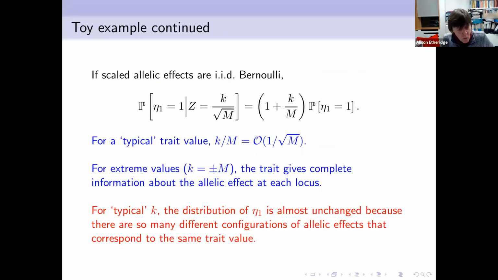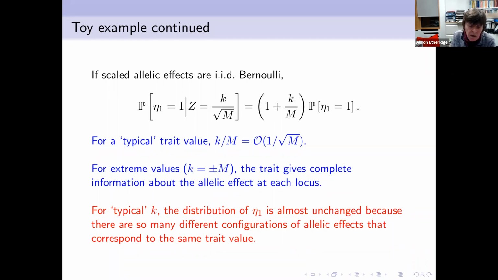So what we've shown is that if the scaled allelic effects are just these IID Bernoullis, then the distortion of the probability that e to 1 is 1 is 1 plus k over m. Well, remember the trait value was k over root m. So for a typical trait value, k over m is going to be on the order of 1 over root m.